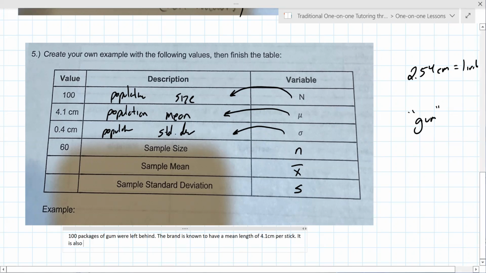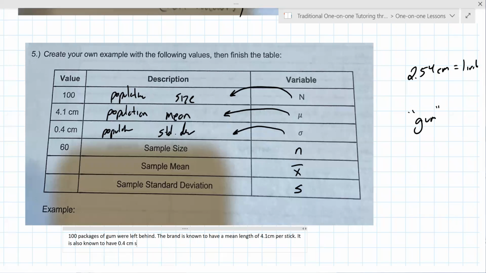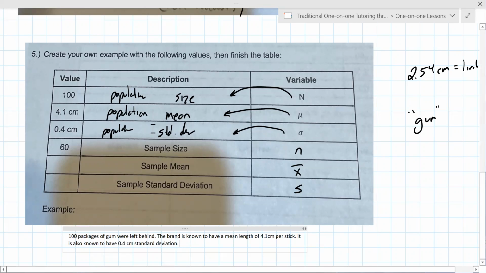It is also known to have 0.4 centimeters standard deviation. So by using this word known, we're saying this is what's true, what's accepted, or accepted is another word you might use. The instructor's looking for that word known. They want you to differentiate between population and sample size, but you can't say population. You have to say known or assumed or believed, some sort of synonym of that.